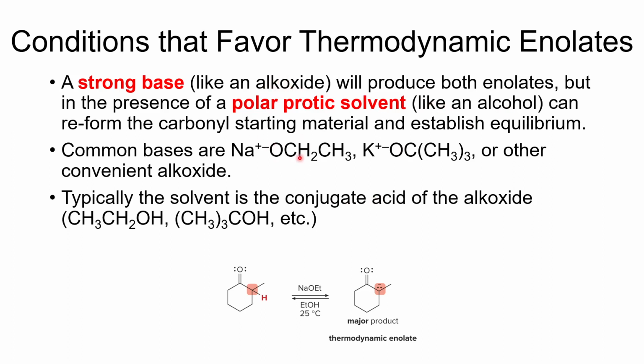So for example, if you want to use the base sodium ethoxide, the best solvent for that is going to be ethanol. If you want to use potassium tert-butoxide, the best solvent for that is probably going to be tert-butanol. So it helps if these match.